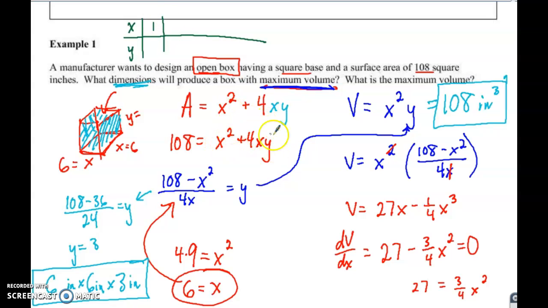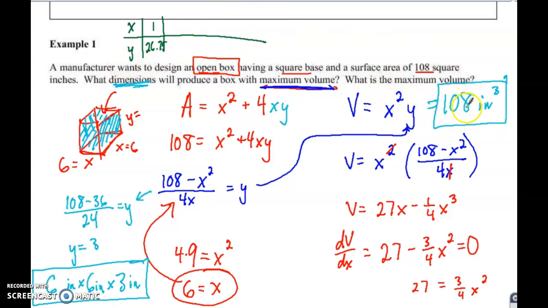Then you can figure out what y is. It would be 108 minus 1, which is 107, divided by 4. So y would have to be 26.75. And then when you do that volume, 1 times 1 times 26.75, you get 26.75.